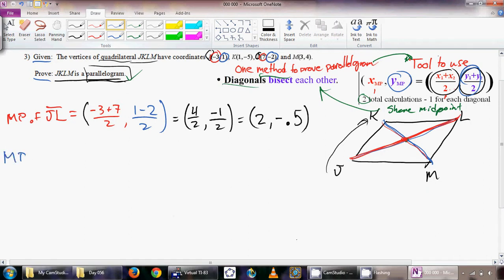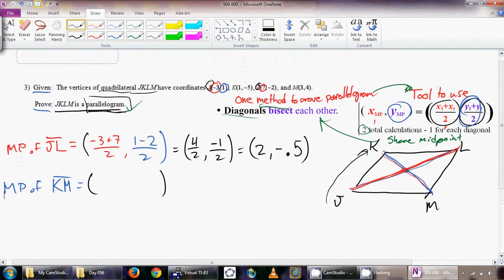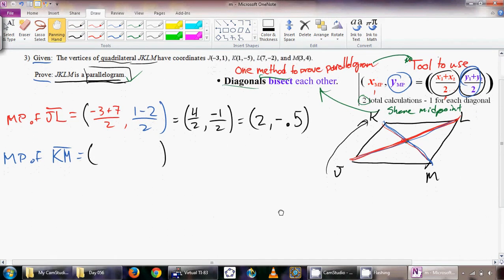So the midpoint of segment KM, same idea, using the midpoint formula, except now we're focusing on K and M. We want the X's, 1 and 3, 1 plus 3 over 2, and then our Y's, minus 5 and 4, minus 5 plus 4 over 2.